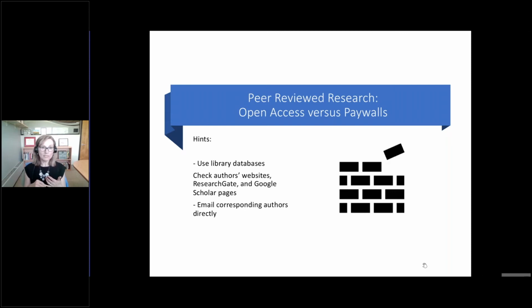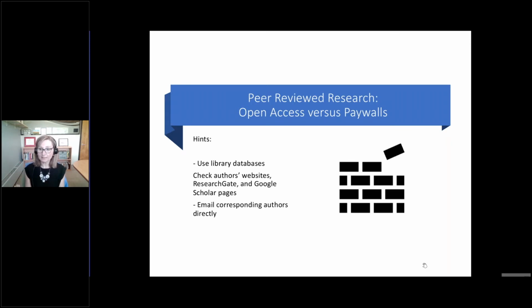If you hit a paywall, you'll know it because you'll be like, "Oh, this article looks great." You click on it, and then it says, "Okay, please pay $35." You're like, "$35 for one article?" And that's my reaction as well. If you have access to a university library, if you log in through the library site, quite often you can get it directly in that way.